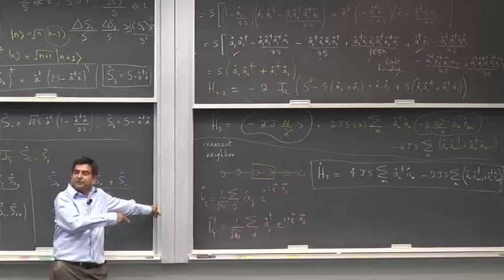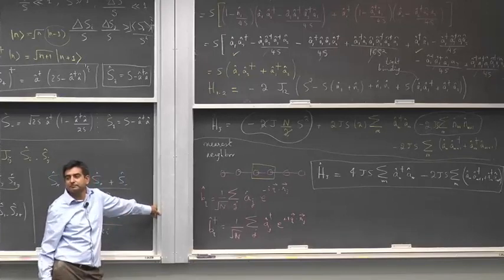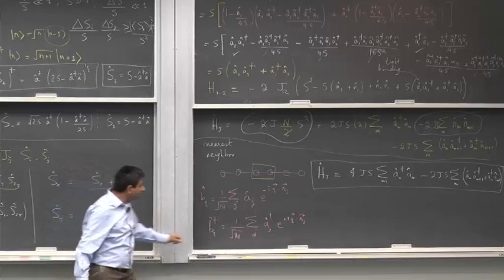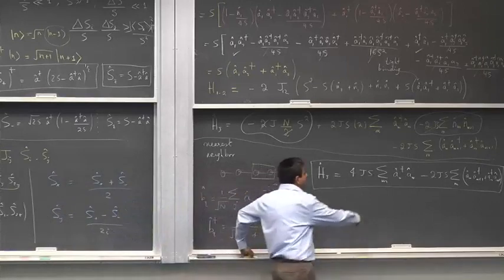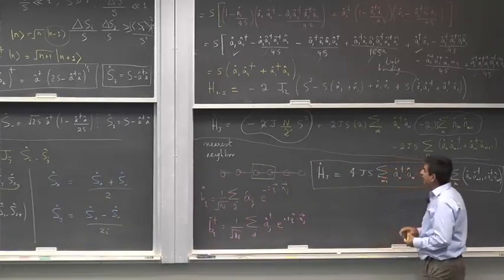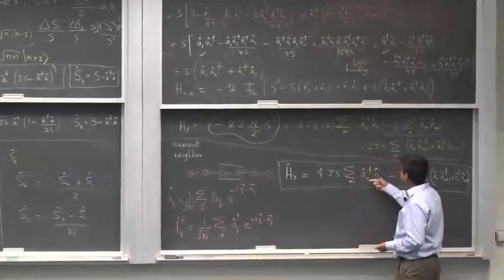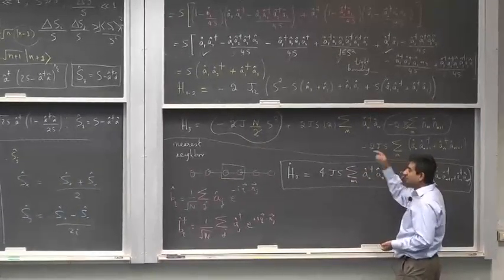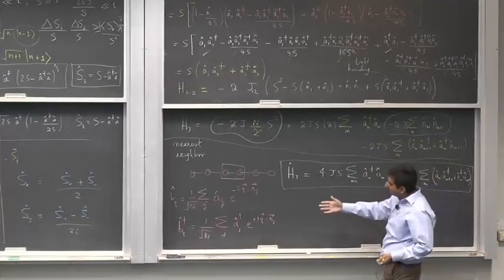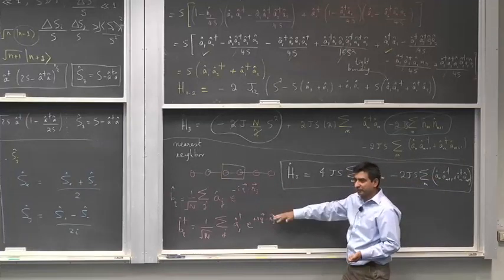So this is our definition for the Fourier transforms. Now what we have here are the creation and the annihilation operators. So we would like to express the creation and annihilation operators in terms of these, which means we would like to compute the inverse Fourier transforms of these.